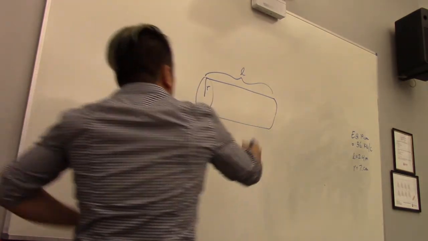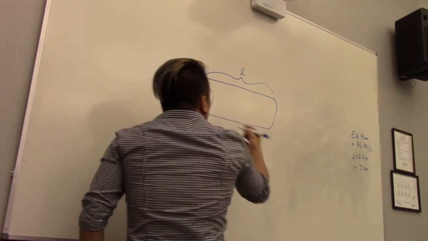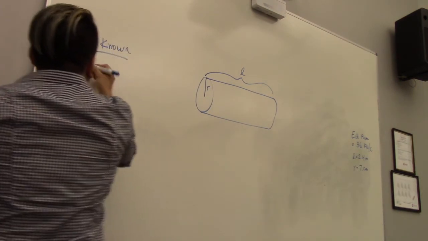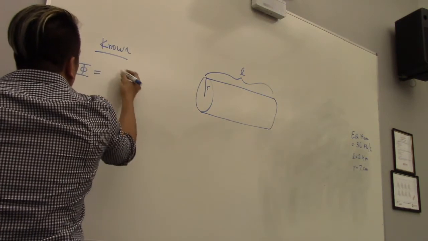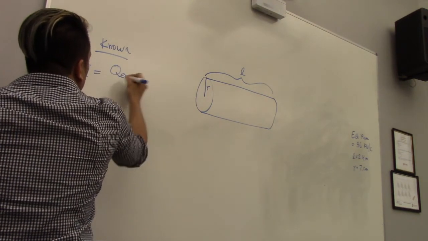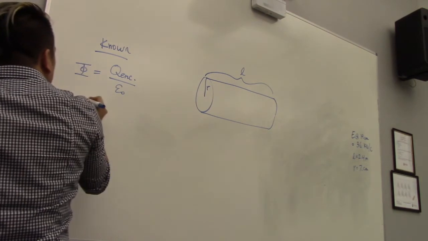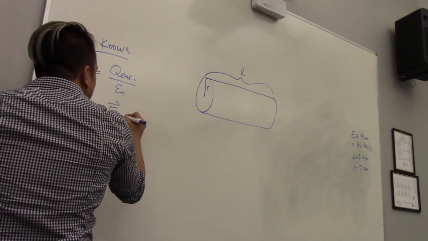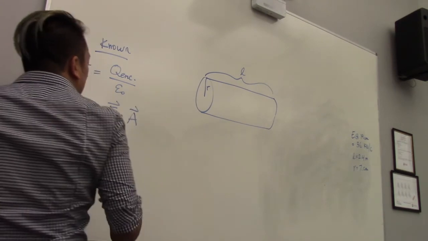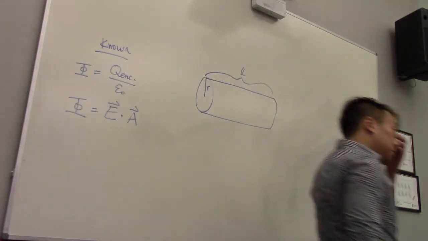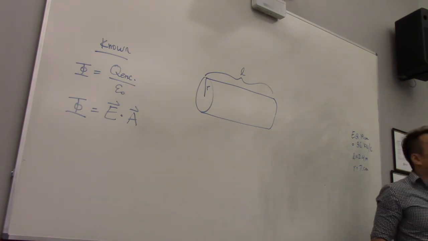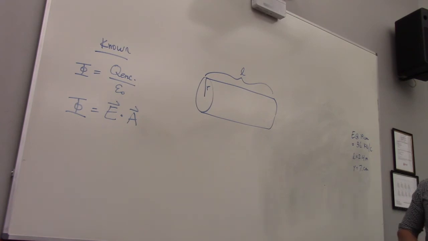We have our known equations: flux equals charge enclosed divided by epsilon naught, and flux also equals E dot A. They're equivalent equations, and that means we can set them equal to each other. That's what we're going to do.